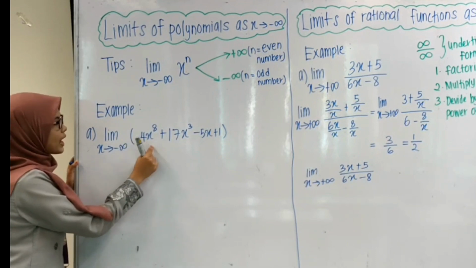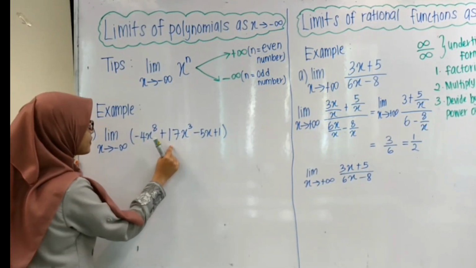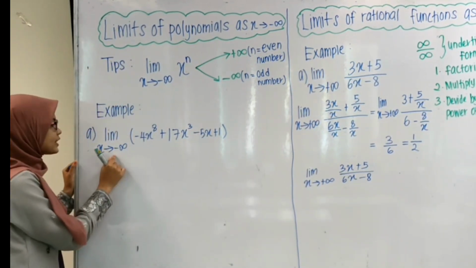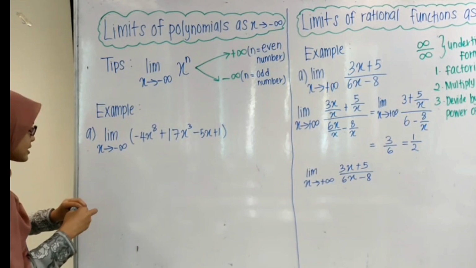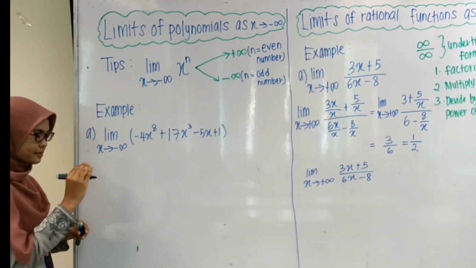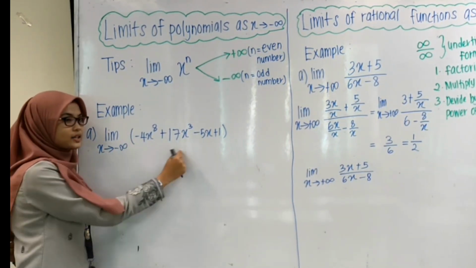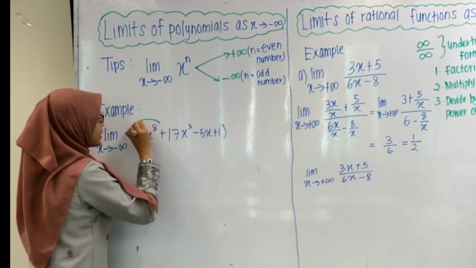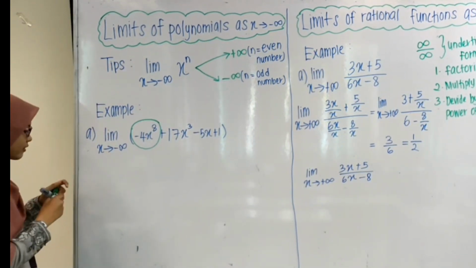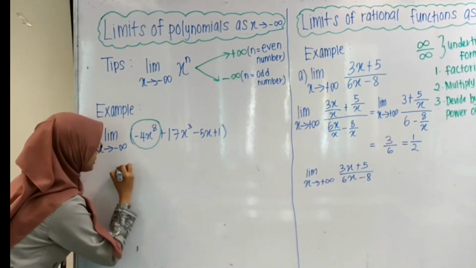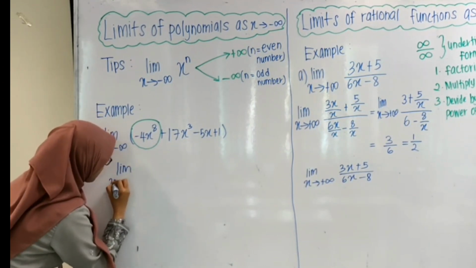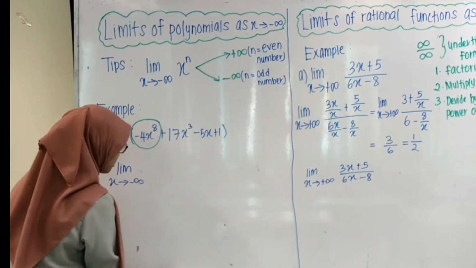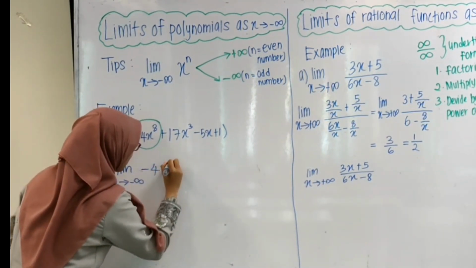A: negative 4x to the power of 8 plus 17x to the power of 3 minus 5x plus 1, when the limit x approaches negative infinity. Okay, first thing first, we must take the highest degree term. When we see here, what is the highest degree term? Here, the highest degree term is negative 4x to the power of 8. So we write back the equation like this: negative 4x to the power of 8.